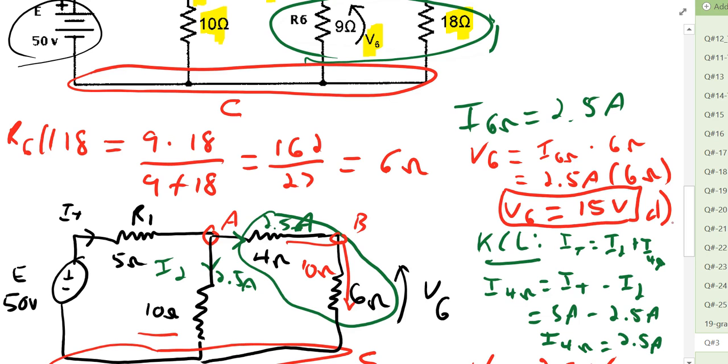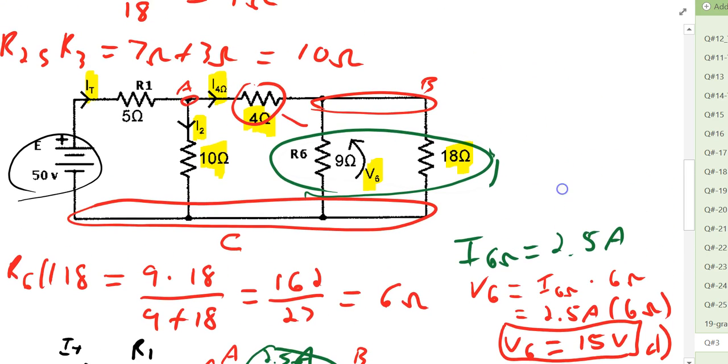Now, as we move up now, we find that we must go back to the more complicated circuit, the one we started with, to find the current through resistor 2, or I2, because that is the only one really that it shows up on. And so now remember that the current through the 4 ohm right here was 2.5 amps.